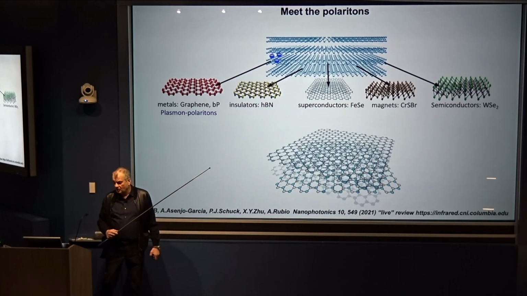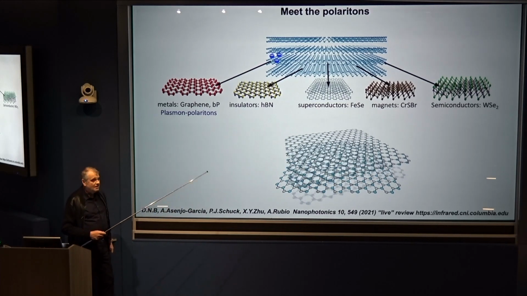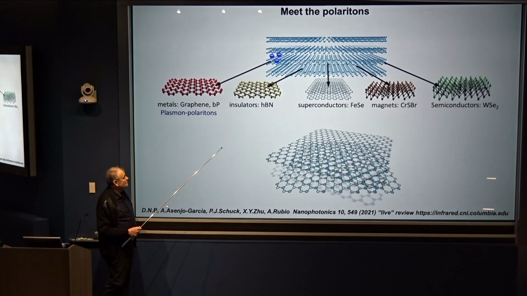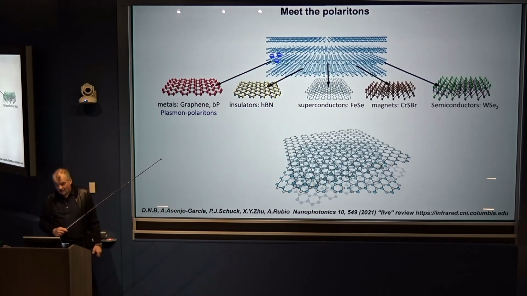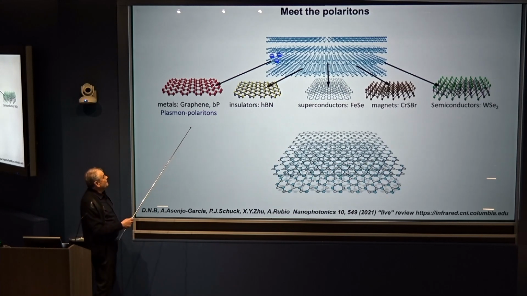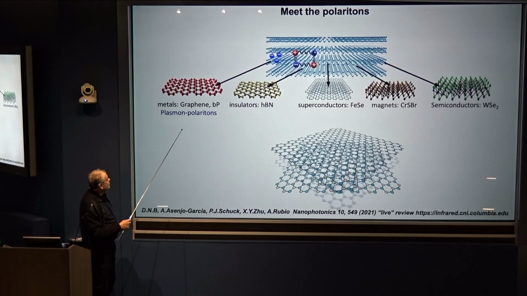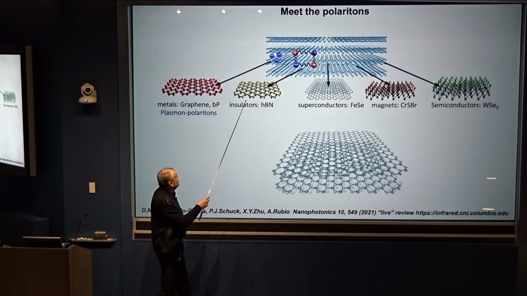So over COVID lockdown, together with Ana Arsenio Garcia, who I think is here, we counted some insane number of these polaritons, and we summarized that in a review. For example, plasma polaritons in metallic layers of graphene.